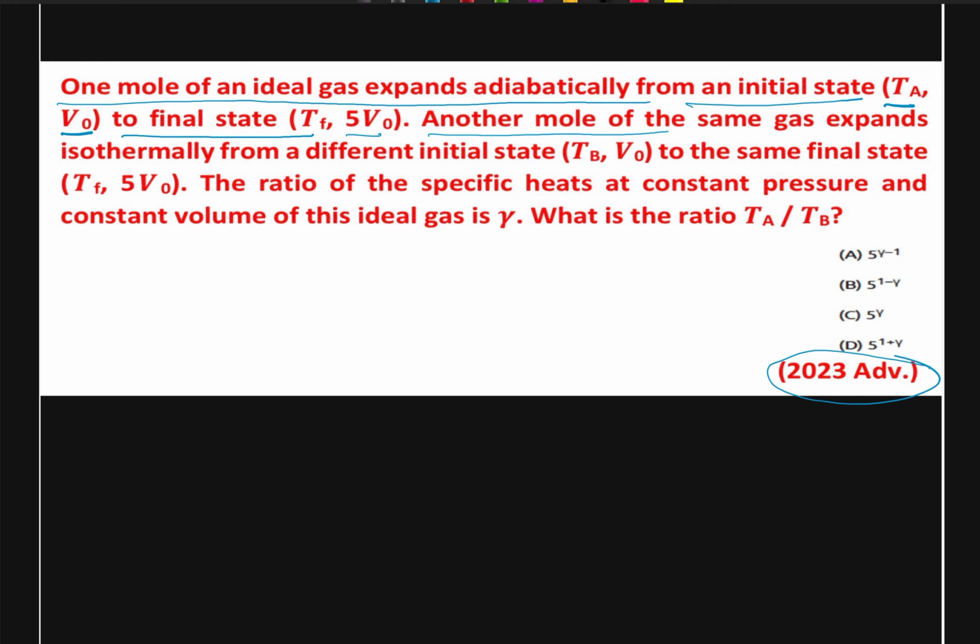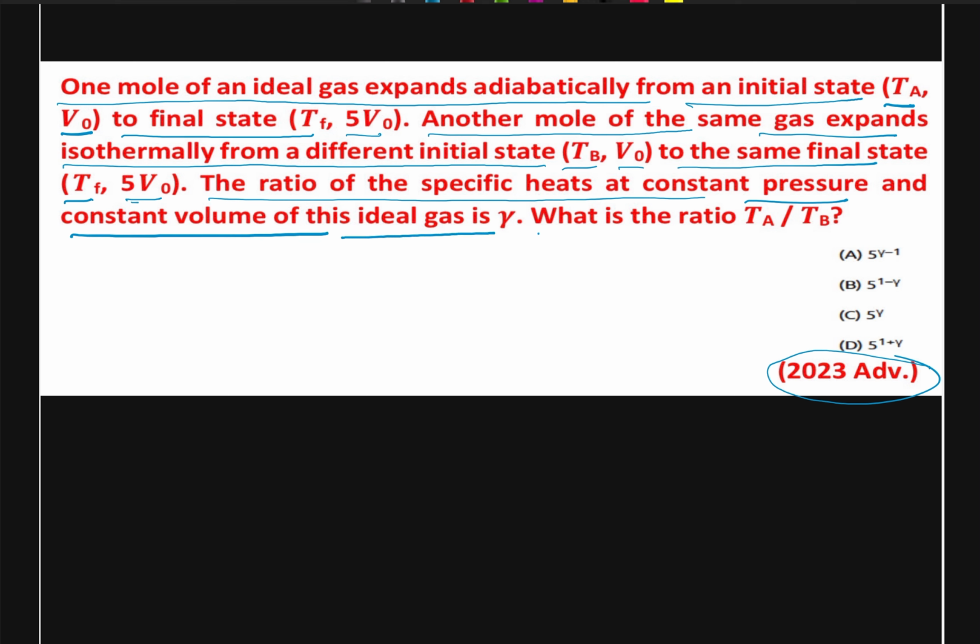Another mole of the same gas expands isothermally from a different initial state Tb, V0 to the same final state Tf, 5V0. The ratio of specific heats at constant pressure and constant volume of this ideal gas is gamma. What is the ratio of Ta to Tb?